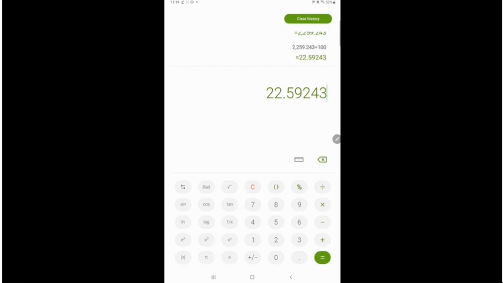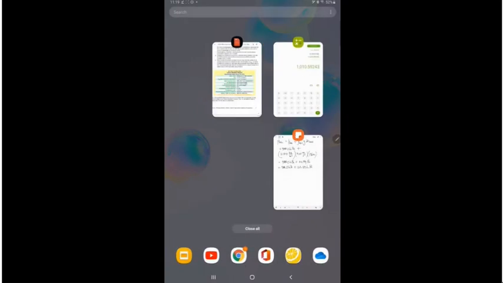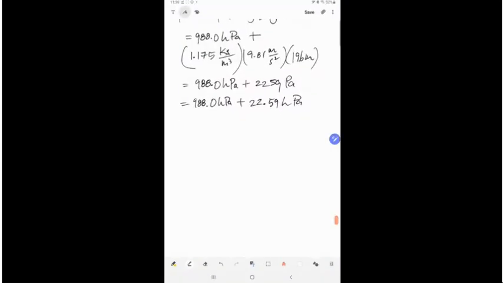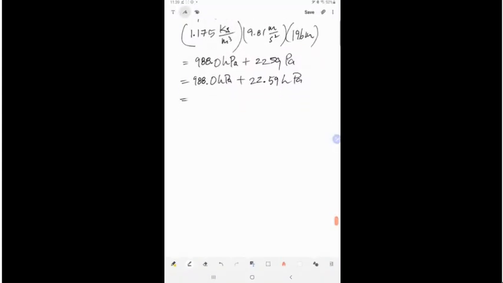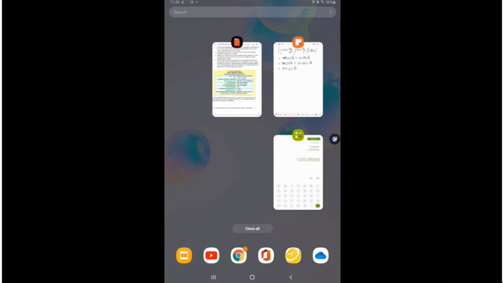And then we're going to add our 988 to this. And so this is now our value in hectopascals. We'll round it off again, so it's 1010.6 hectopascals.